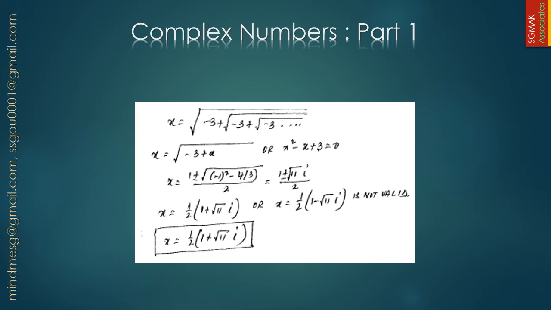If you solve this quadratic with imaginary roots, the roots are 1/2 of (1 plus square root of 11 times i), or 1/2 of (1 minus square root of 11 times i). Looking at the value of the expression, the only valid value that you get is x as 1/2 of (1 plus square root of 11 times i).